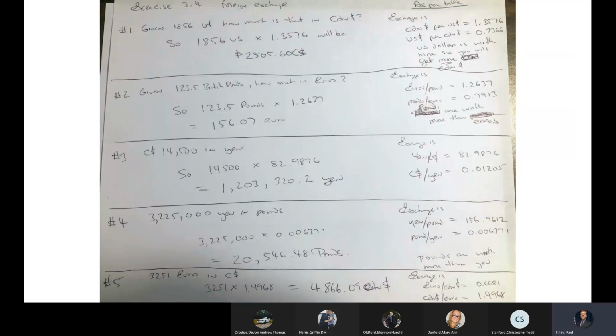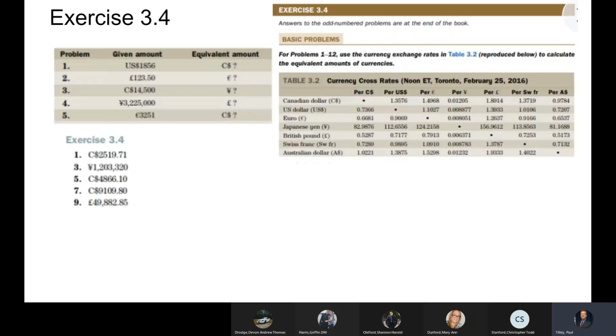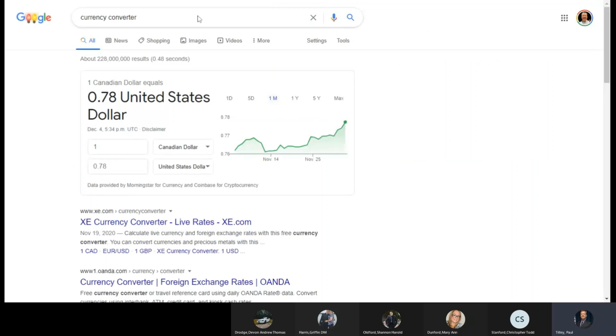Now, all of this, really, these types of tables aren't really used that much anymore, because if I show you, if I go here now and I say, well, currency converter. Any currency converter you can put in, and you can check yourself.